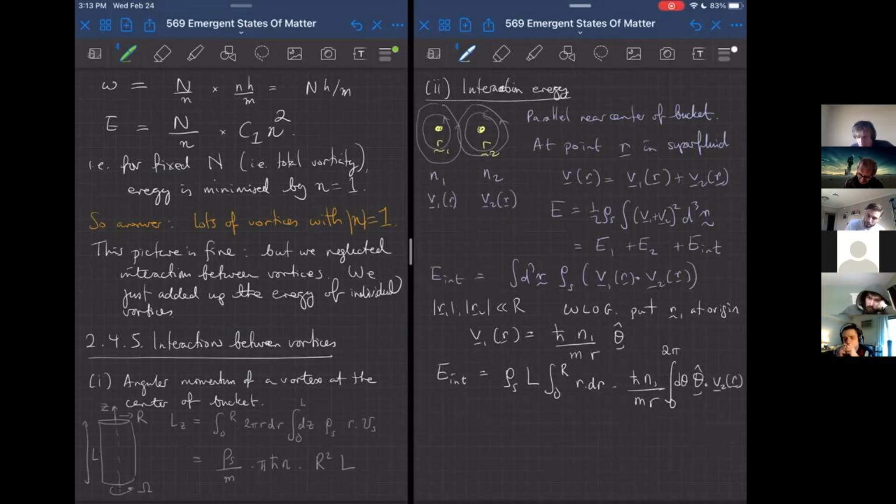And so in these coordinates here, this is the radial vector, and this is the unit vector in the angular, tangential direction. So anyway, you can do a calculation, and that's what you're going to be asked to do in the next homework.